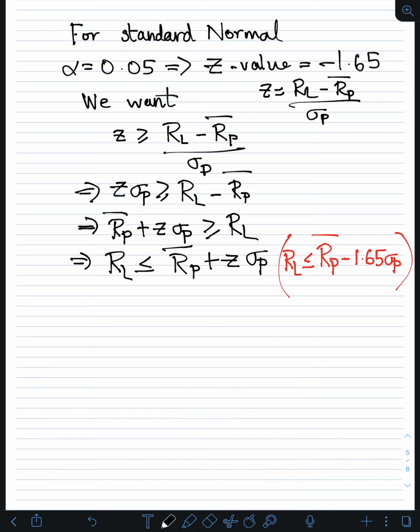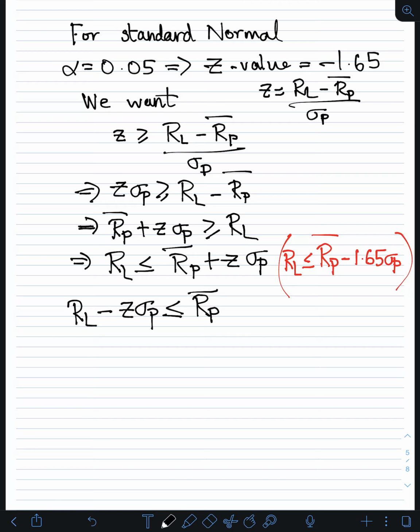Now if you bring this z sigma P over to this side, it's a positive z sigma P over there. When you bring it to the other side, you'll have RL minus z times sigma P is less than or equal to R bar P. Hopefully that makes sense. I didn't do much.